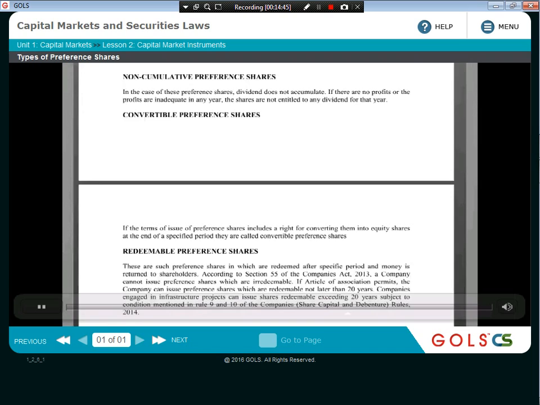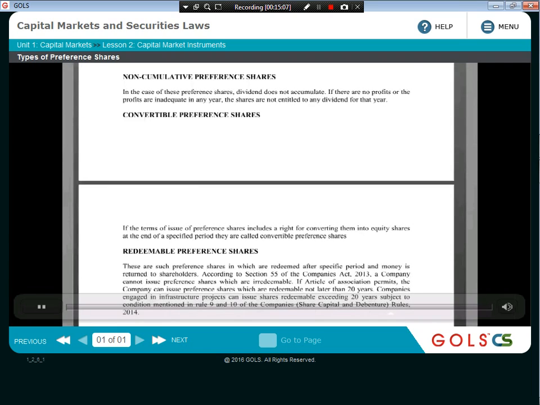Next, another combination, it can be optionally convertible preference shares. Optionally means it will be convertible at the option of the holder. If you're holding preference shares of say 1000 rupees, you will be given an option. At the end of 2 years, if you want to convert, you convert into equity. If you don't say anything, it will stay as preference shares.